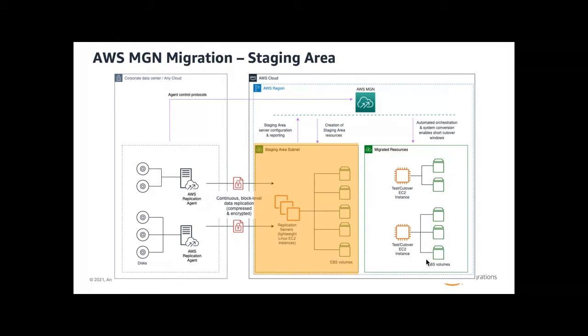And one thing to remember is for every source disk replicated, the MGN creates an identical size EBS volume in the staging area subnet for data sync to start happening, right? So in this example, as you can see, the 5 replicating source disks result in 5 equivalent EBS volumes attached to the staging area replication servers.